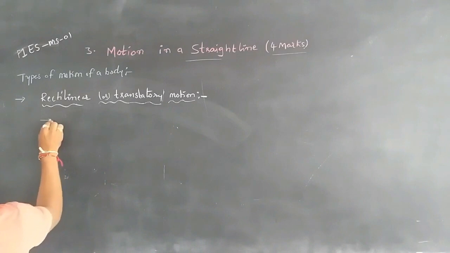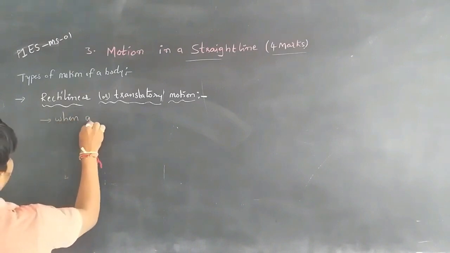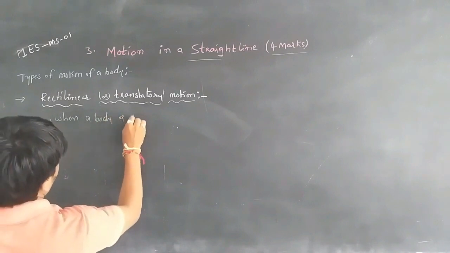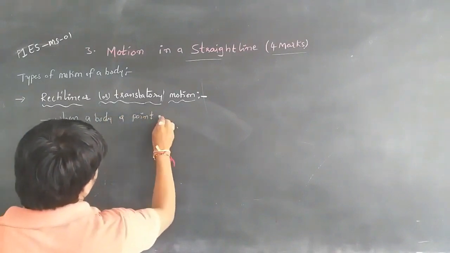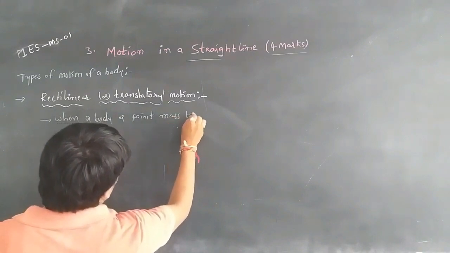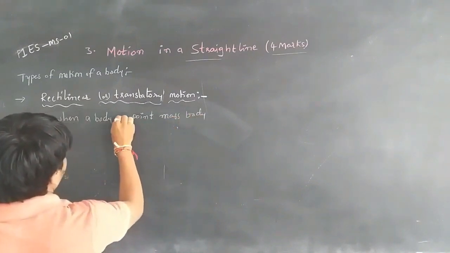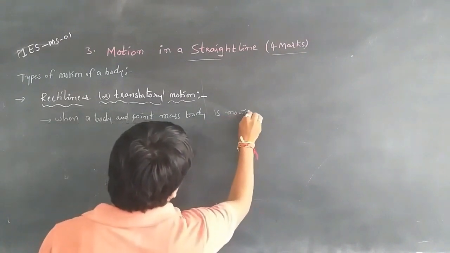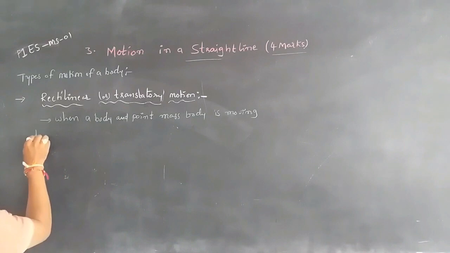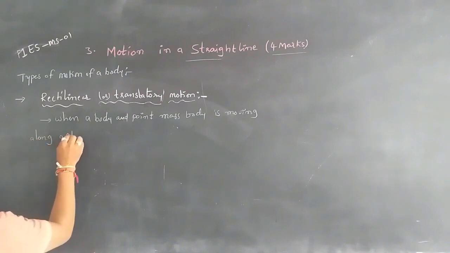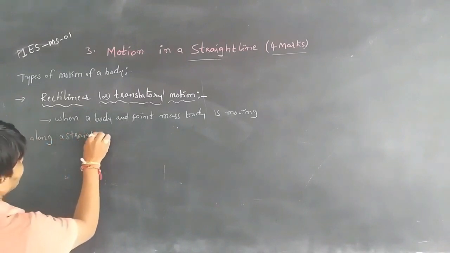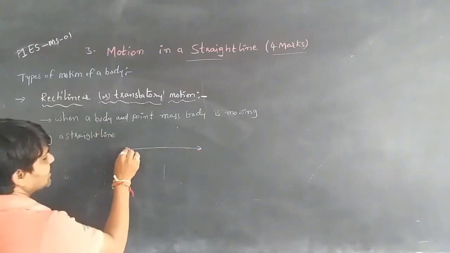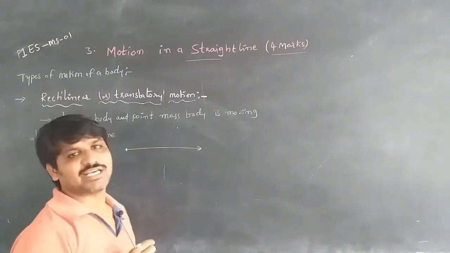When a body or a point mass body is moving along a straight line, then it is said to be a rectilinear motion.